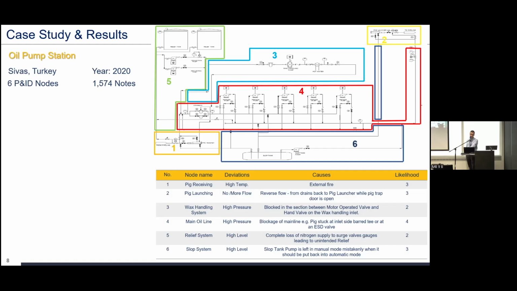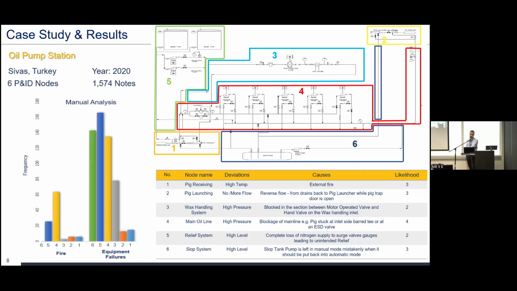By investigating this dataset, we have observed that HAZOP elements often recur across different kinds of P and ID nodes, and even within the same node for different deviations, for example, here, fire and equipment failures. This kind of repetition indicates the potential of automation and reuse of past insights in similar P and ID nodes and structures.